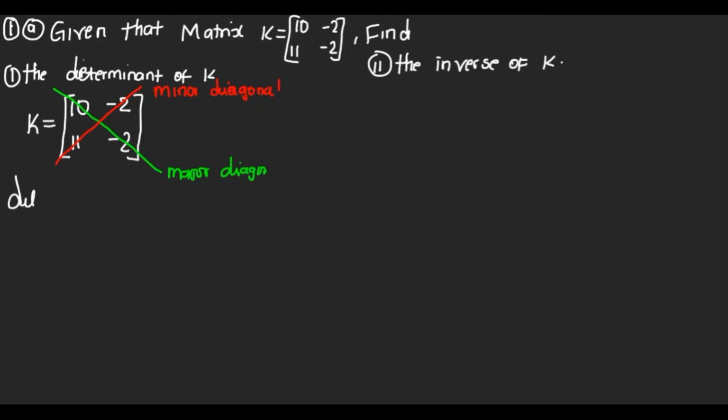So determinant is equal to, we need to find a product from the major diagonal. So this number 10 multiplied by negative 2. Then minus this 11 times negative 2.